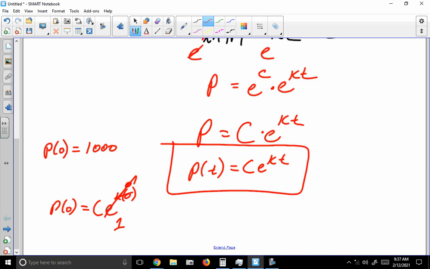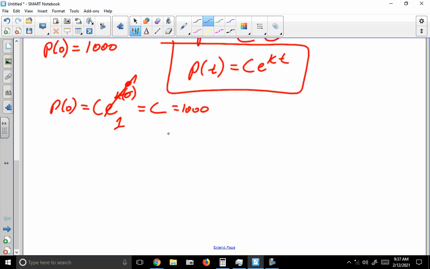So we get c times 1 is c. And we're told that the population when time is 0 is 1,000. So that can give us c, but that doesn't give us k. So in order to find k, we need another data point.